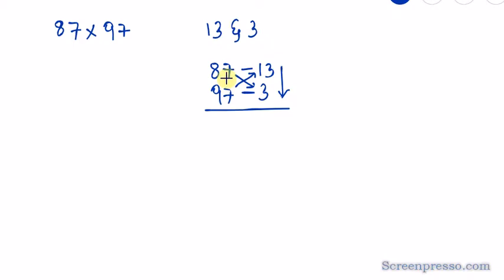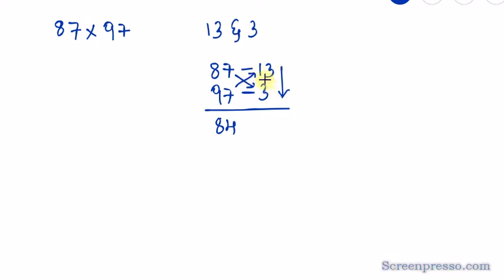So 87 minus 3 is 84 and 97 minus 13 is also 84. So our answer's first two digits are 84, and then we have to multiply the numbers after the minus symbol vertically.